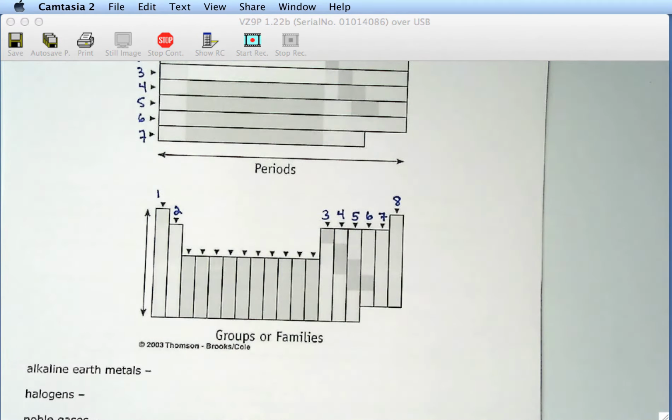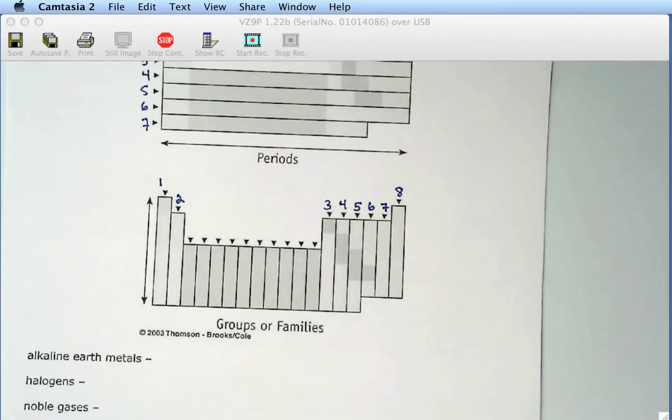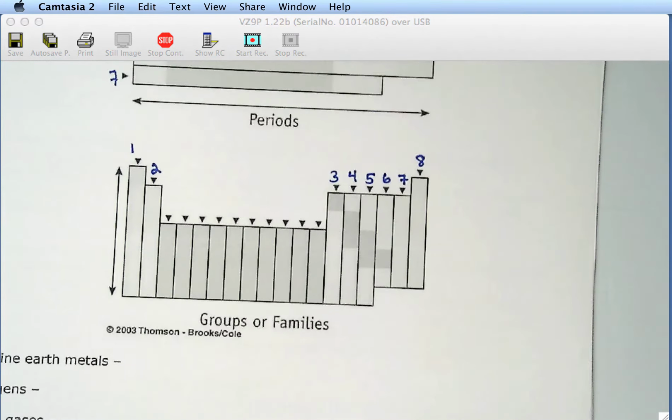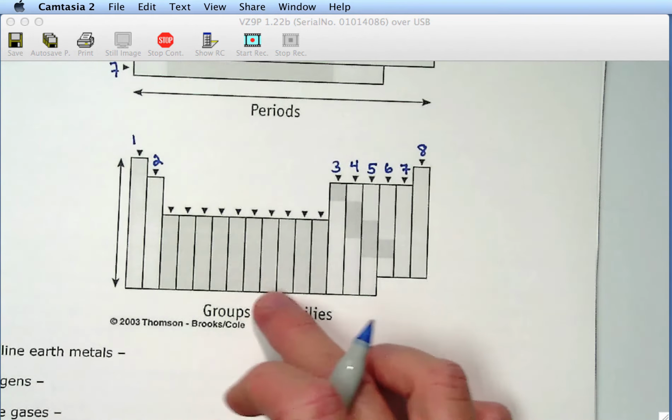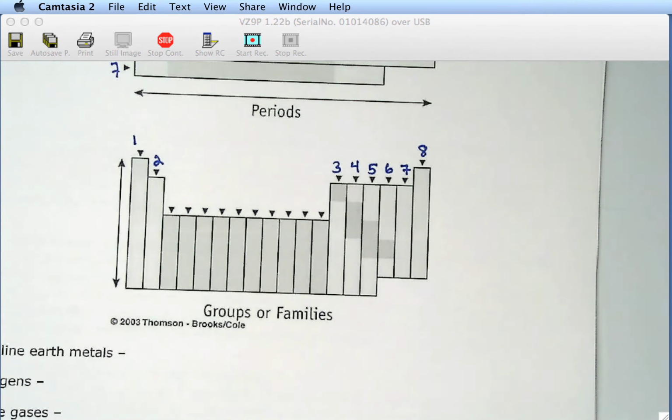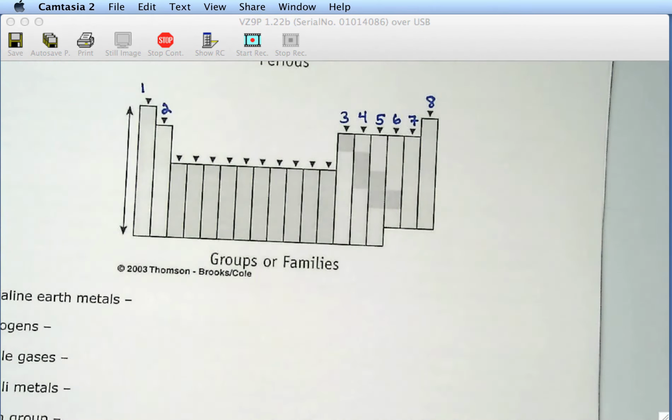Numbering the periodic table this way, the way we have the groups numbered, is very useful when it comes to talking about ions and ion charges, which is Unit 2, but it kind of sets the stage for you, so you're familiar with that. Now, we have lots of groups or families, and you can think of these as almost like your last name.